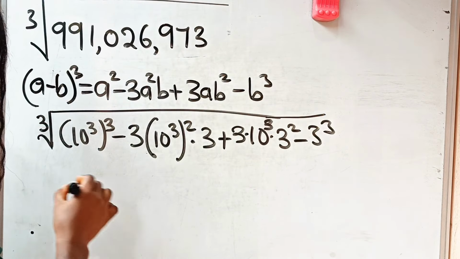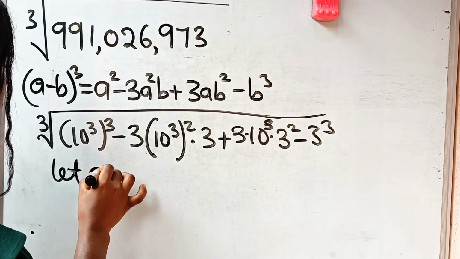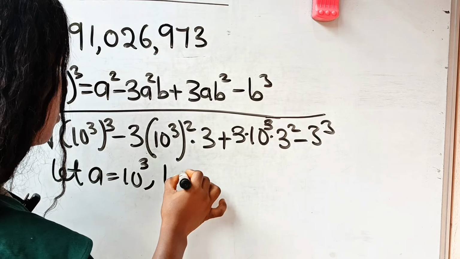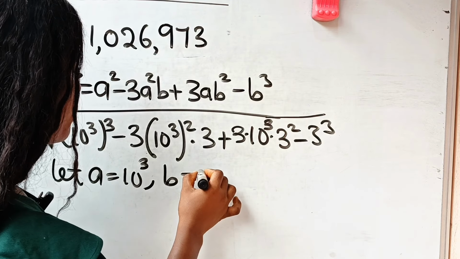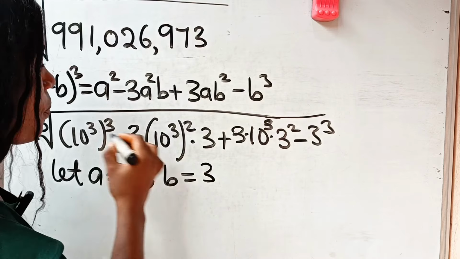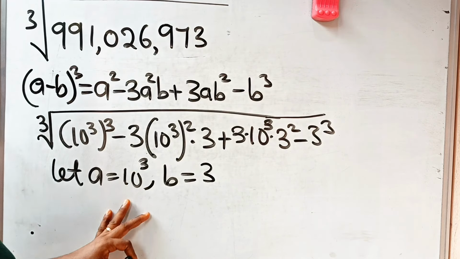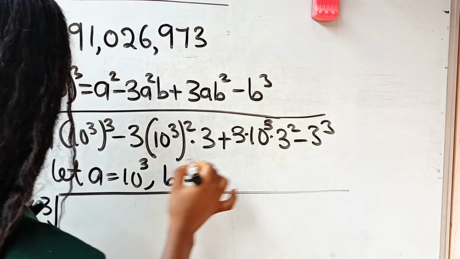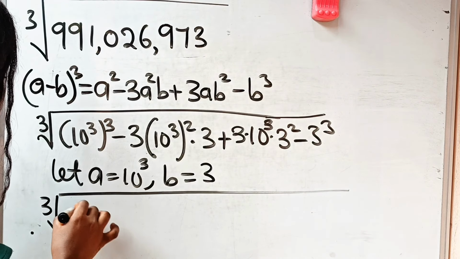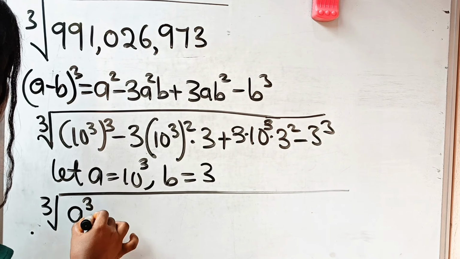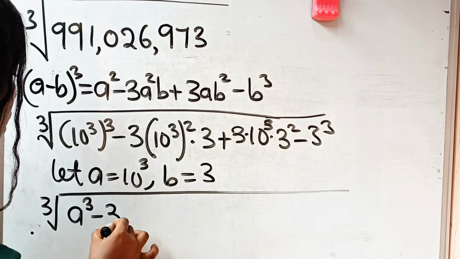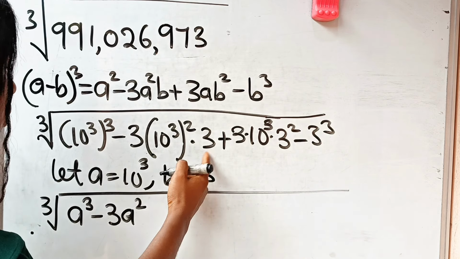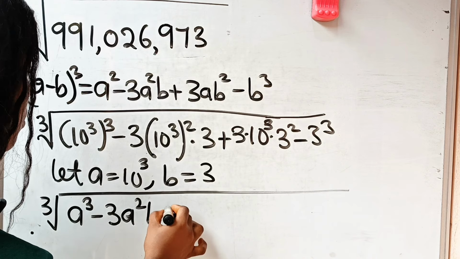All right. Now let a be equal to 10 to the power of 3 and b be equal to 3. Yeah. So if we do our substitution, we have the cube root of a to the power of 3 minus 3, where 10 to the power of 3 is a squared, and 3 is our b, right?